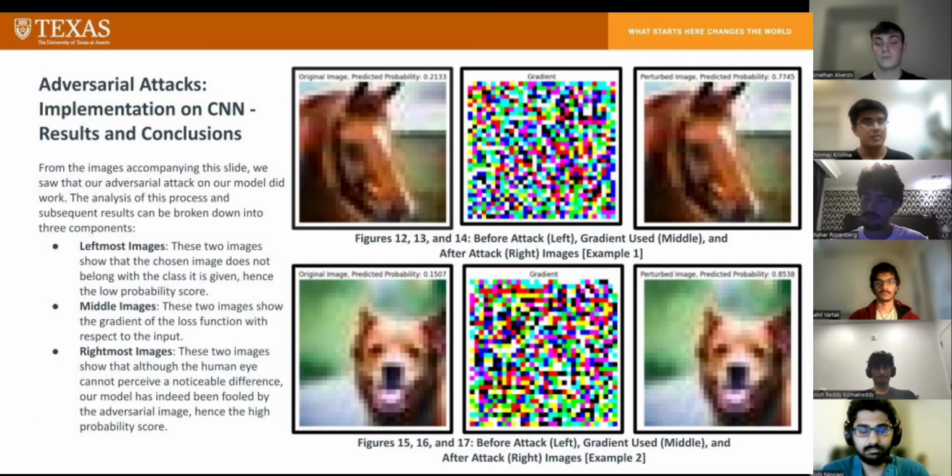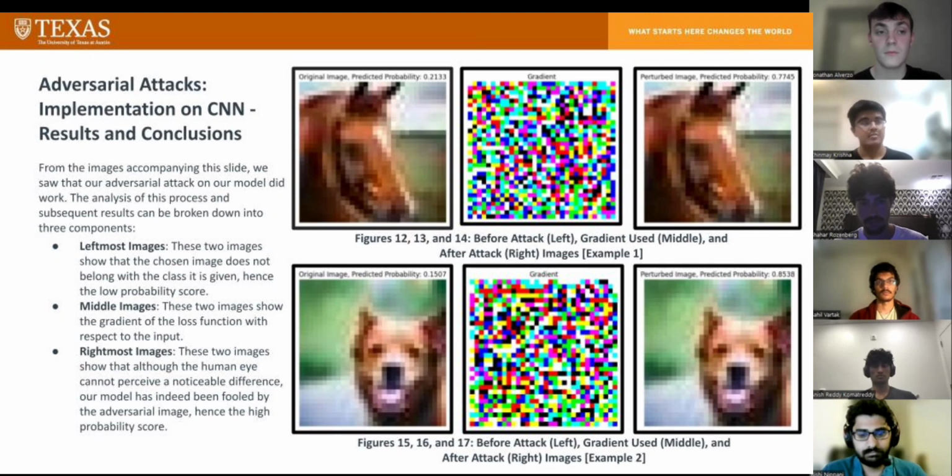Here are some examples of our implementation. On the left, you can see the two images from the data set, and they have a low predicted probability, indicating that they're likely fake, which they were. Then we calculated the gradient that would increase the loss function. Since it's the signed gradient, the pixels are fully saturated.